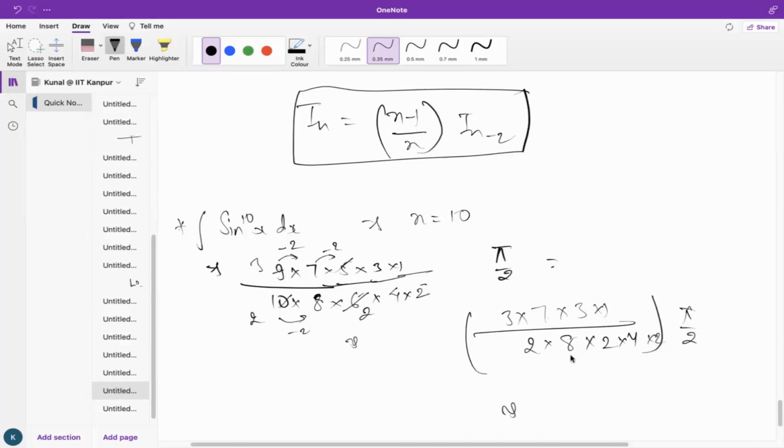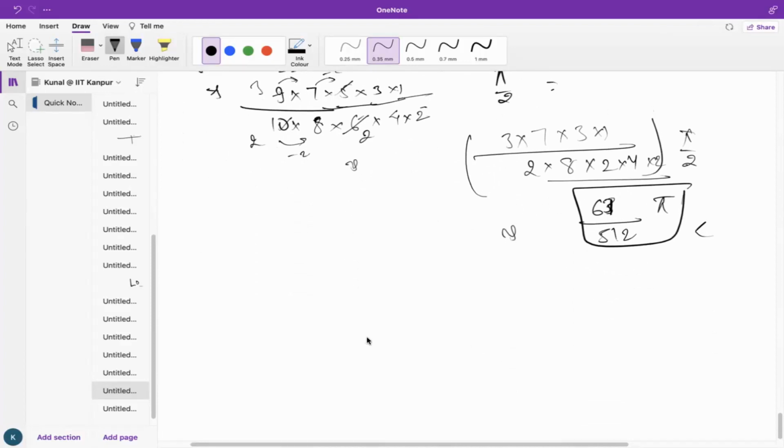So it will be like 63 divided by 512 actually. And when we multiply this, what we get is 63 pi by 512. So this is our answer.